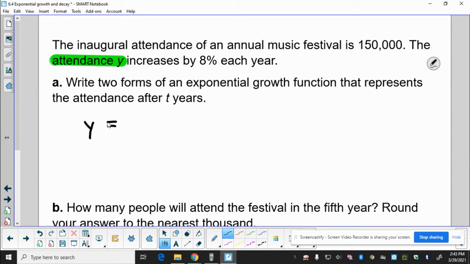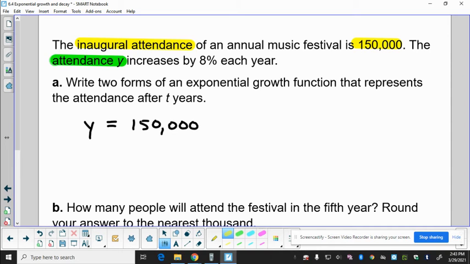Now, how many people do we have originally? We have 150,000, right? So your initial value always goes in that spot. That's the inaugural attendance, which means it's the beginning amount. So the beginning amount always goes right there in your exponential equation.